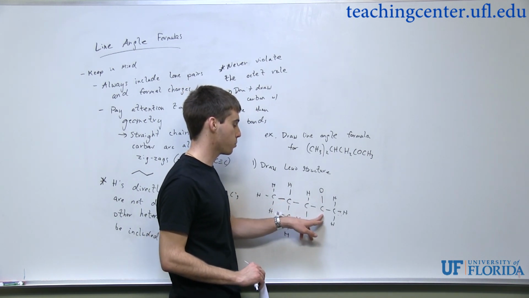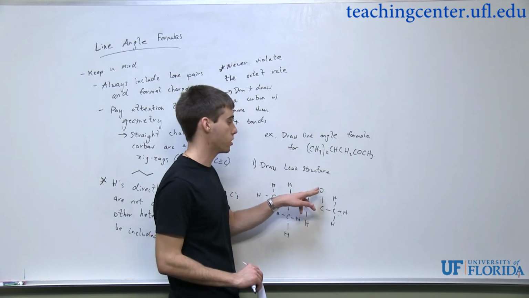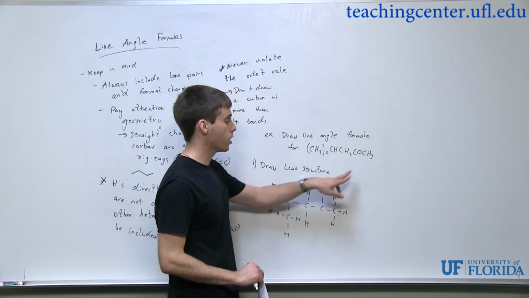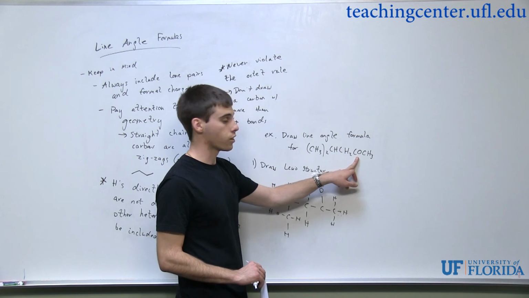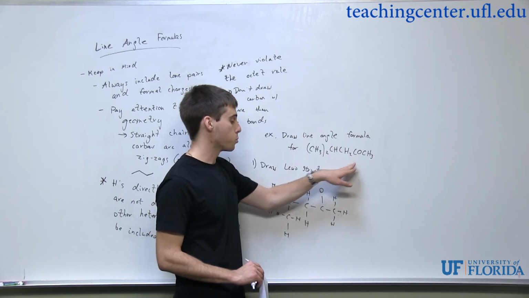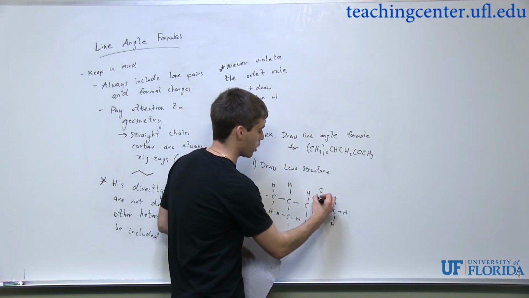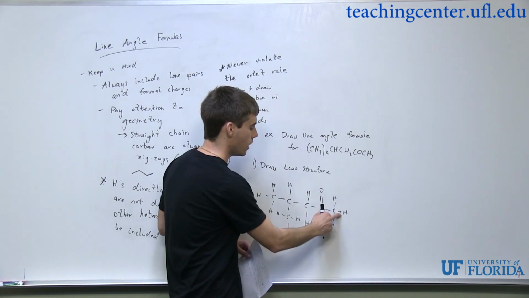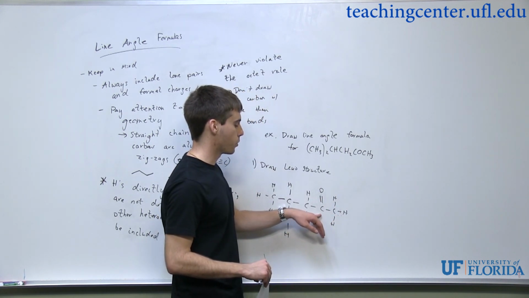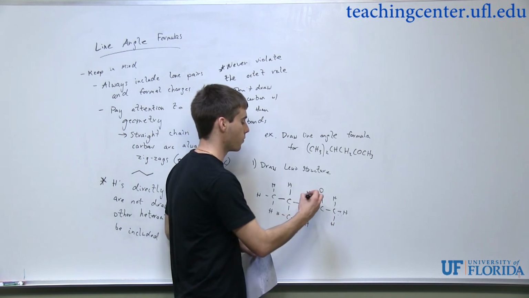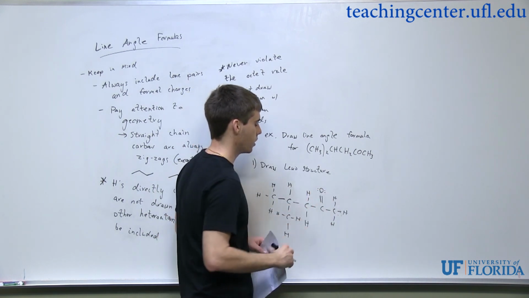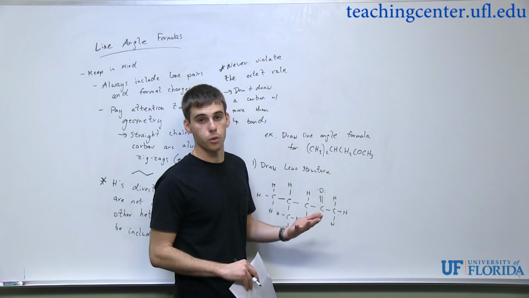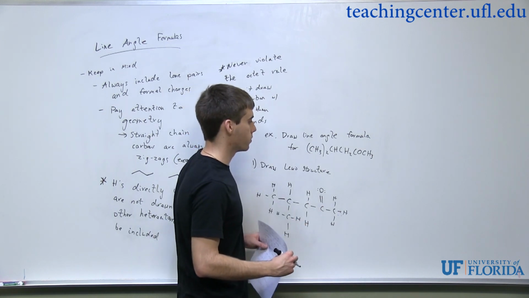So this would have some type of formal charge on it, and so would the oxygen if we left it like this. But notice over here that there's no formal charges in this molecule. So that means we have to add another bond here to make this a double bonded oxygen. And that will complete the octet for this carbon and the oxygen. We have to draw in these lone pairs for the oxygen, again, to avoid having any type of formal charge.